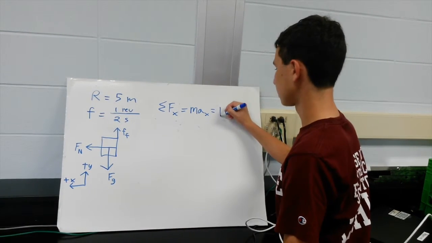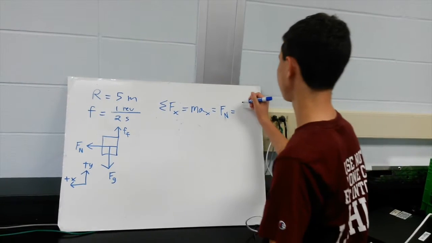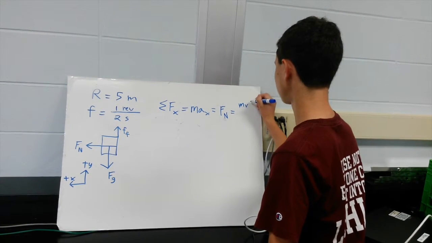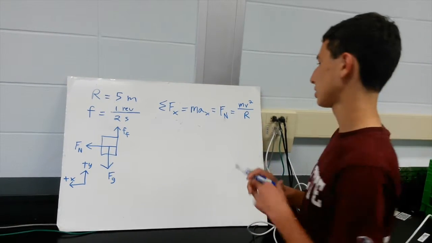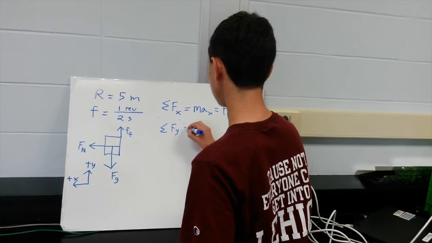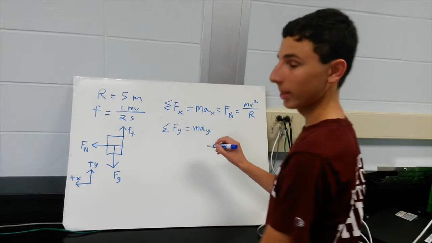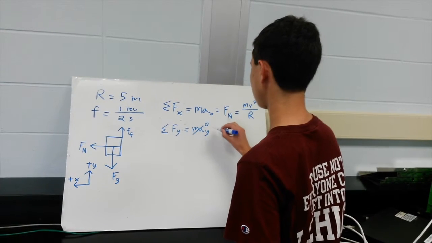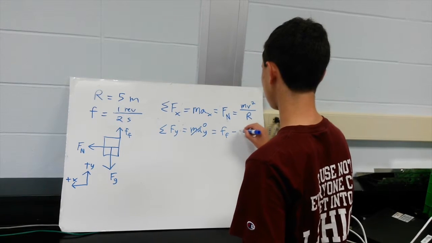In the X direction, you have the normal force of the wall pressing against the people, which will be equal to mass times velocity squared over the radius, since that acts as your centripetal force. Then you'll take the sigma F statement in the Y direction, which will be equal to the mass times the acceleration in the Y direction, which will be 0, because the people are not slipping.